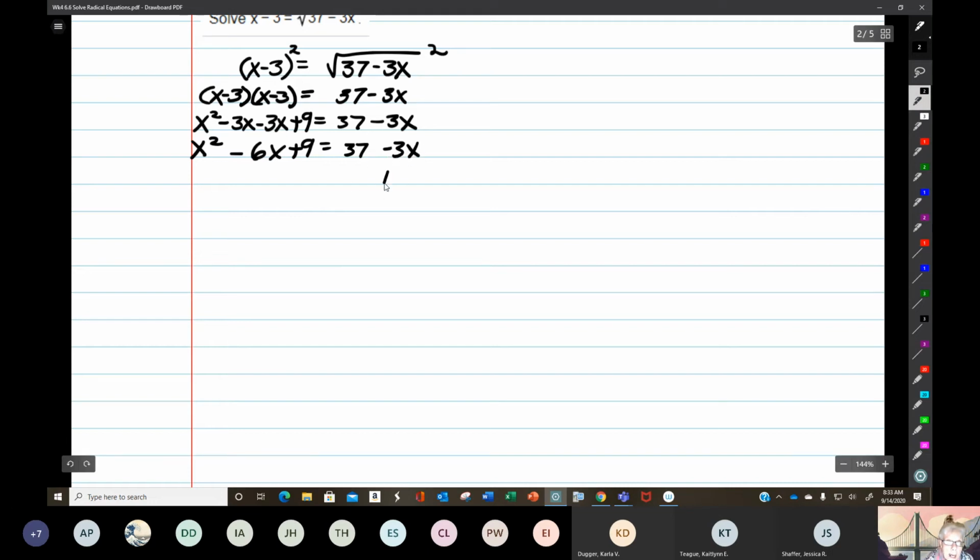So I will add 3x to both sides, so it will zero out over here. Plus 3x. And then I'll subtract 37 so that I'll get 37 minus 37, and that's 0. Minus 37.